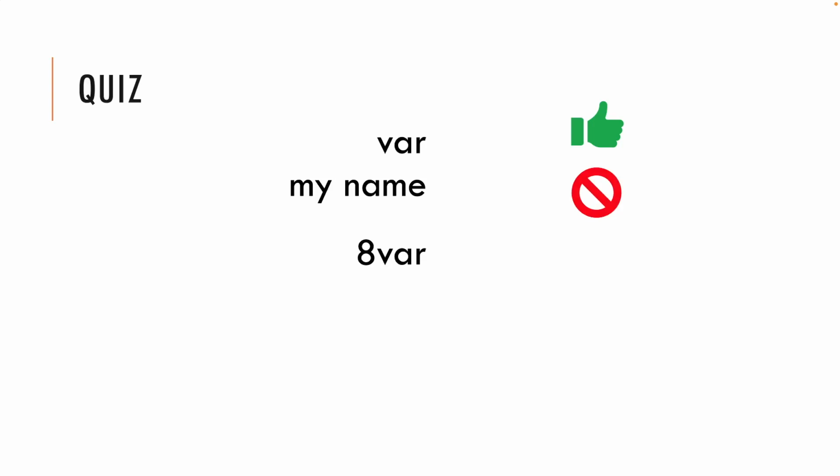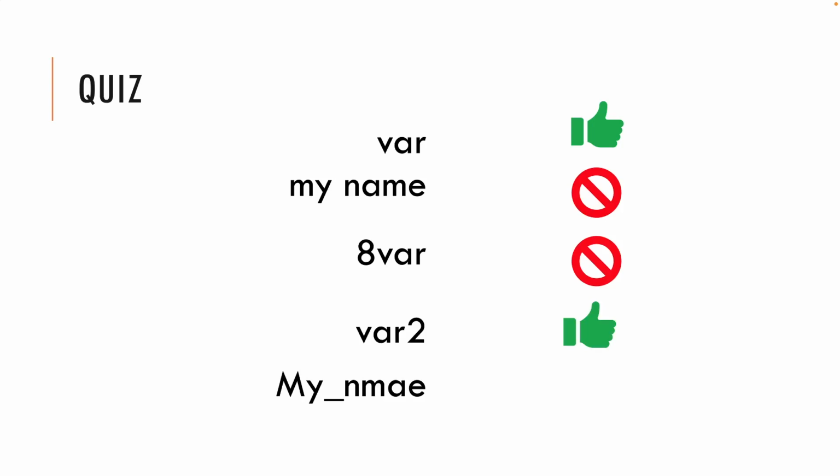It is not valid because it starts with 8, which is a numeric. A variable should start with an alphabet. This is valid because a variable may contain numerics, but that is the only exception; a variable should not start with a number. And this is also valid because it may contain an underscore.